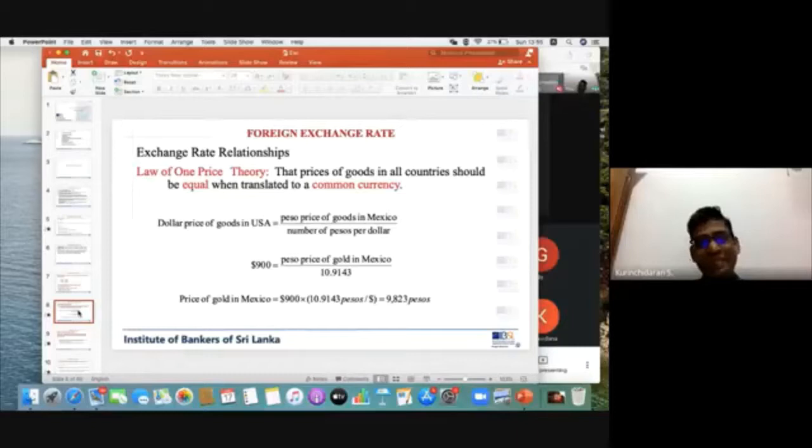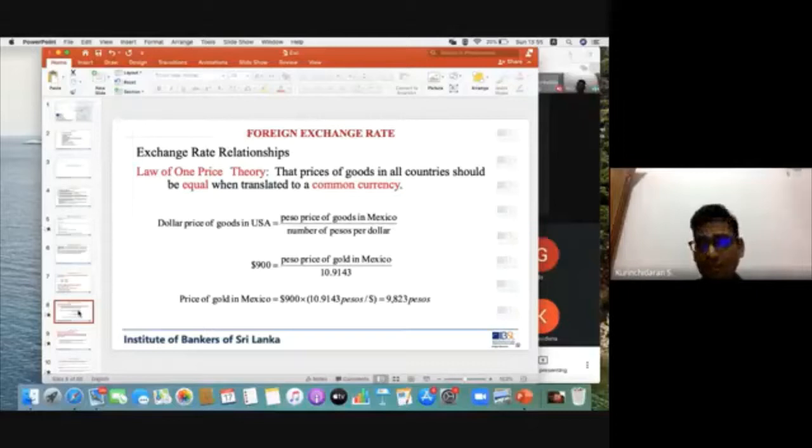This is what it says. Everywhere in Sri Lanka, we are using LKR, rupees. If you take the price of goods, everywhere should be the same.